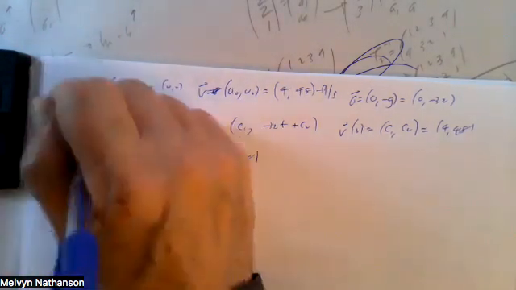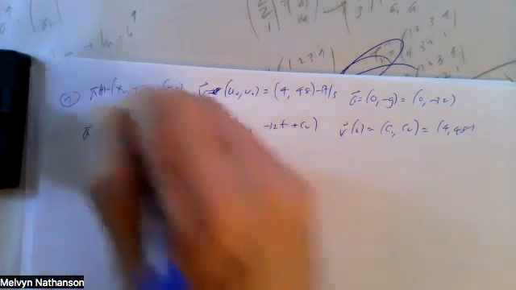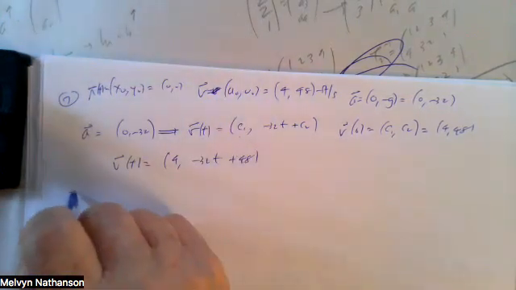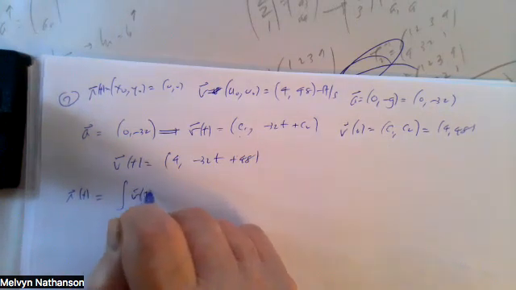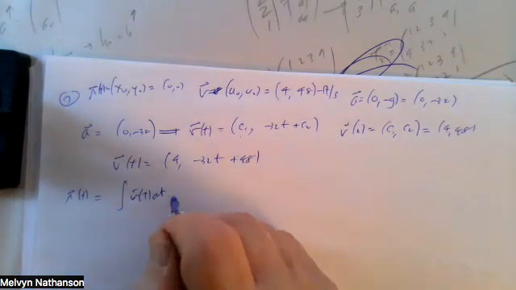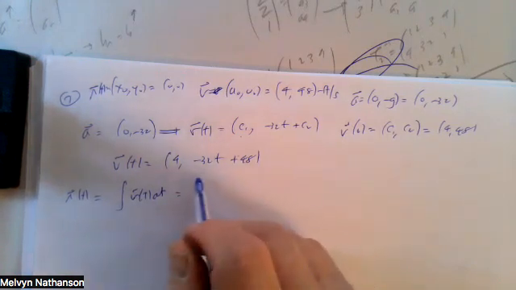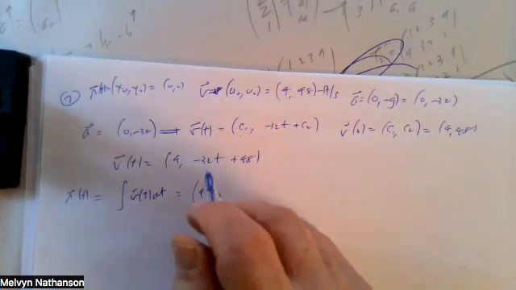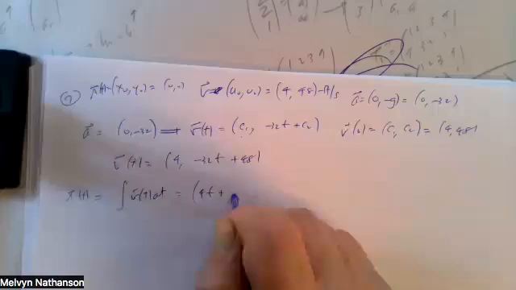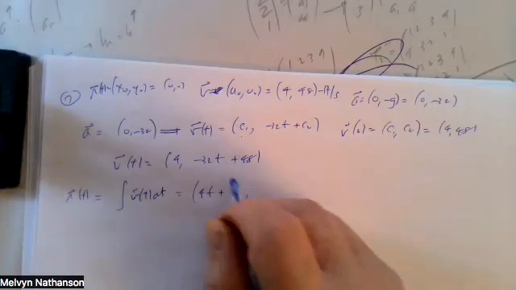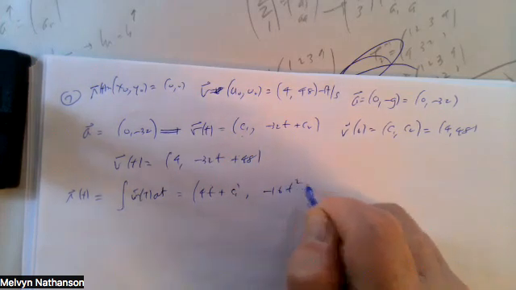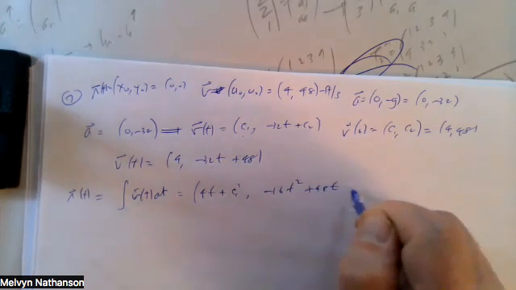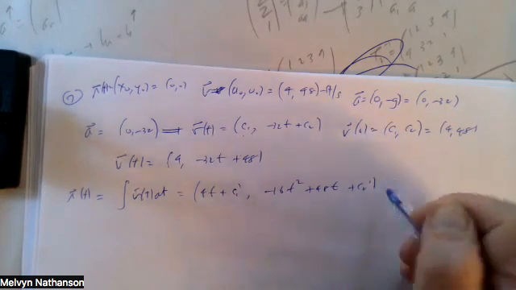And the position, r of t, is the integral of the velocity. So you integrate 4, you get 4t plus some constant. And you integrate minus 32t plus 48, you get minus 16t squared plus 48t plus some constant.